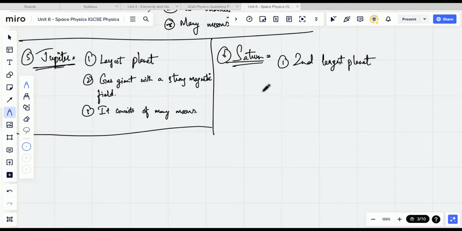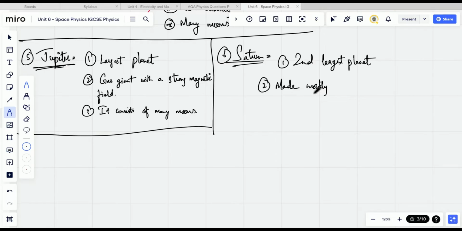And the next thing that you need to remember about it is that it is mostly made up of hydrogen and helium. In fact, if we talk about the whole universe, everything is made up of hydrogen and helium. The basic core of the universe is hydrogen and helium.